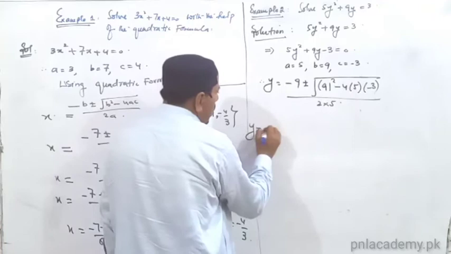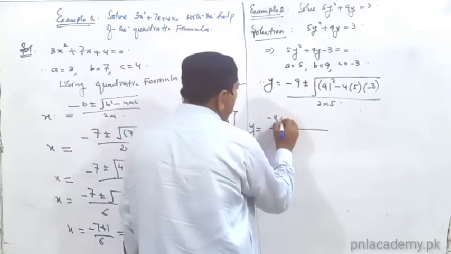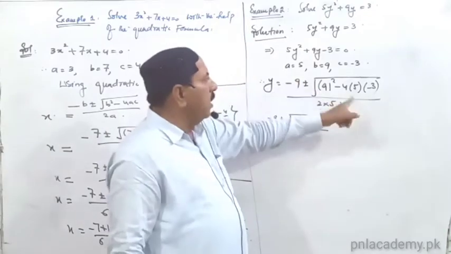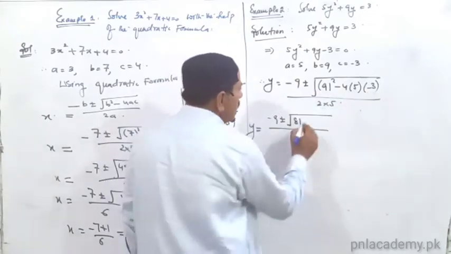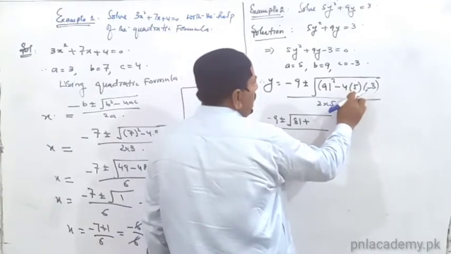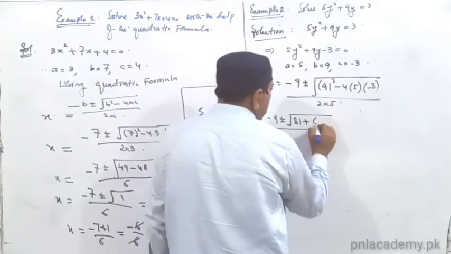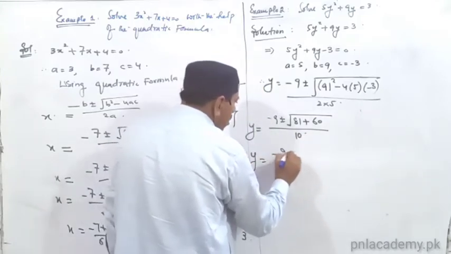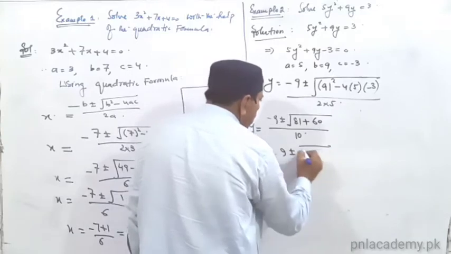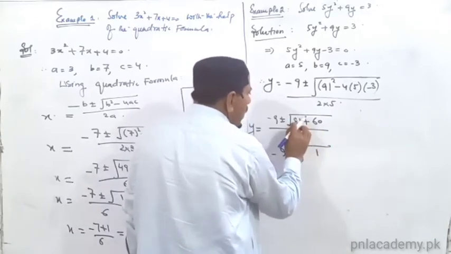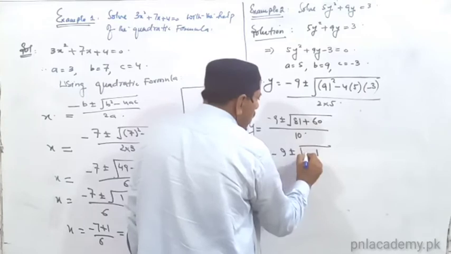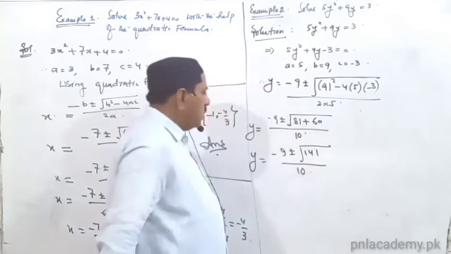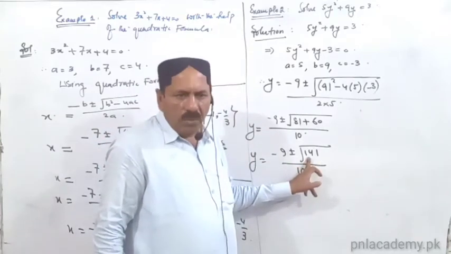Now the value of y is equal to minus 9 plus minus radical 81 plus 60 upon 10. The value of y is equal to minus 9 plus minus radical 141 upon 10. So there's no perfect factor of 141.